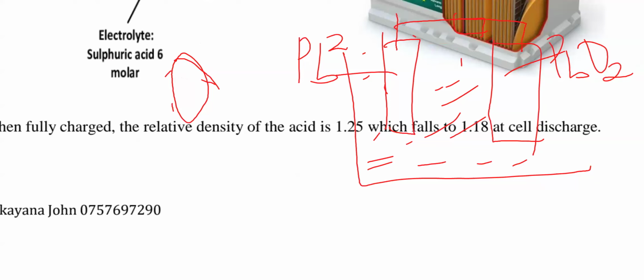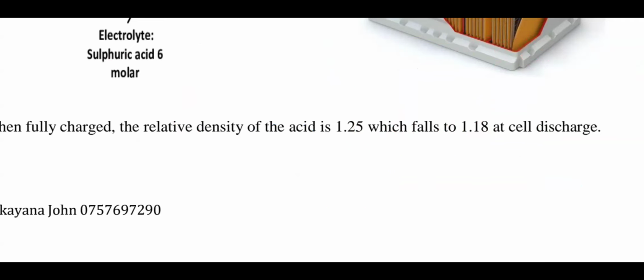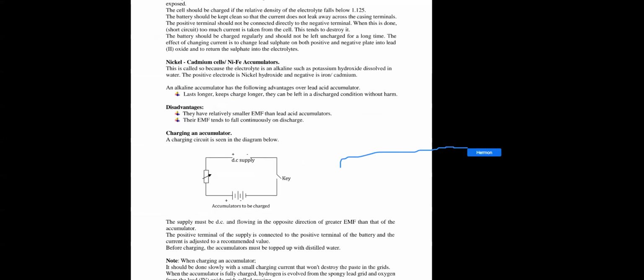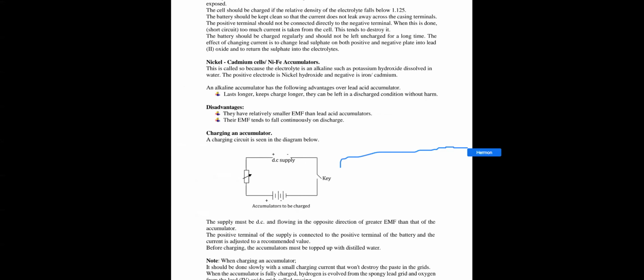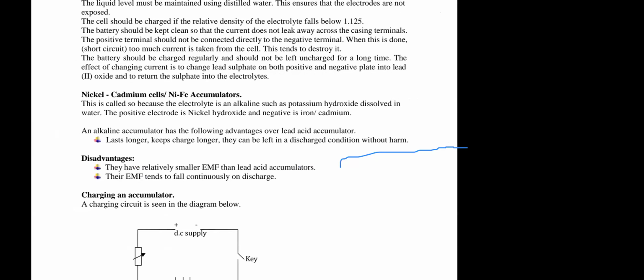Then when the cell discharges, you find that the relative density of the acid is going to decrease, to fall to 1.18, because it's reducing at that point. So when we see that it reduces, we now want to look at how the lead acid accumulator works.